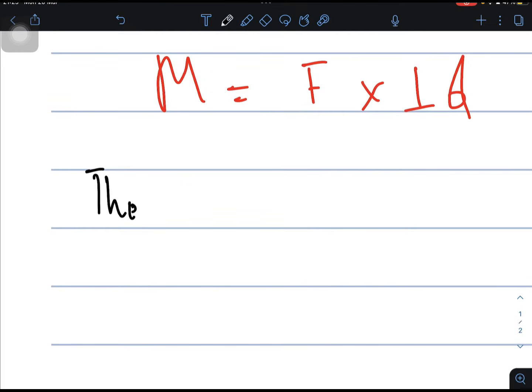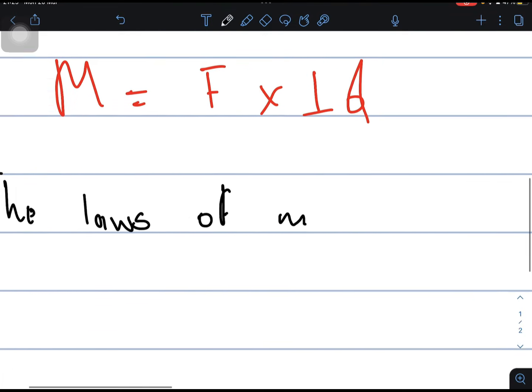It is the law of moments. This is also important. The law of moments.